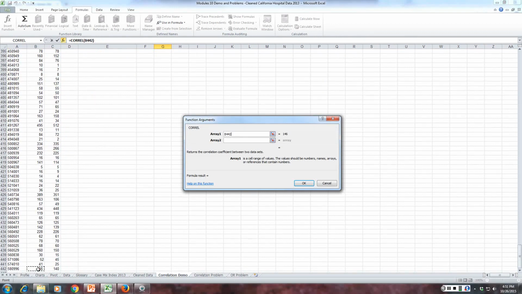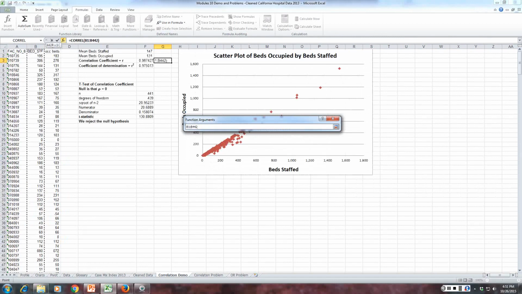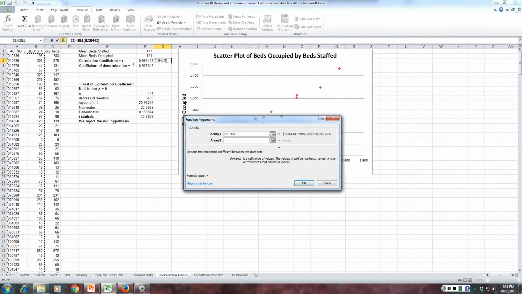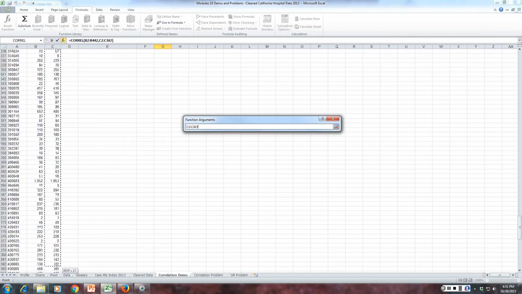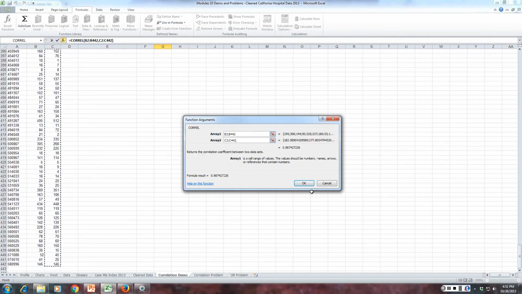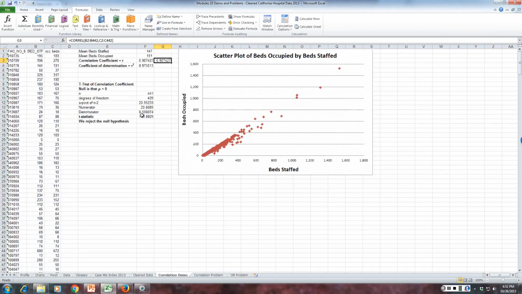So you have to do them separately though. You got array 1 right there, and then you go to array 2 and select the data like that. Make sure you select all the data. All right, and then you just hit OK, and it does all the work for you, which is nice.